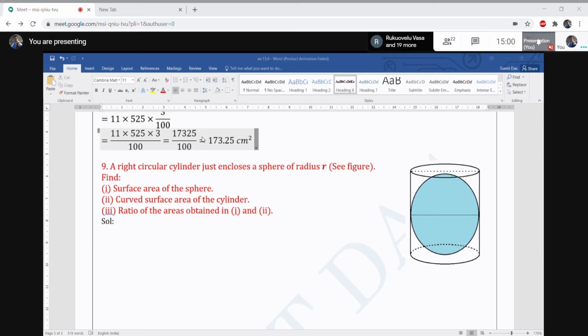If the sphere is inside the right circular cylinder and the sphere radius is r, what will be the radius of the right circular cylinder?